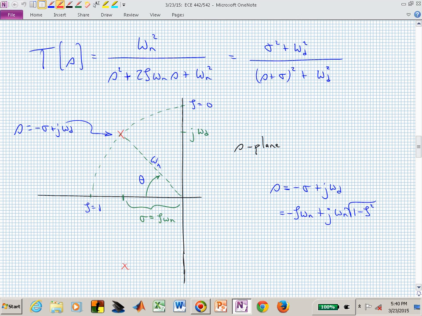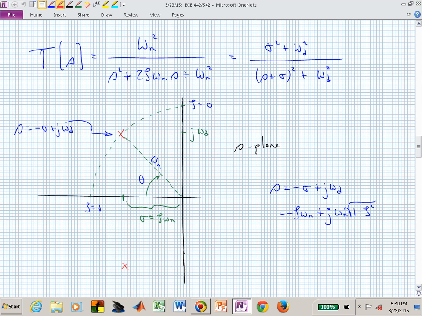Here is the S-plane theta, and again that pole is located at minus sigma plus and minus j omega sub d. And omega sub d is related to omega sub n. Omega sub d is equal to the natural frequency times the square root of 1 minus zeta squared.